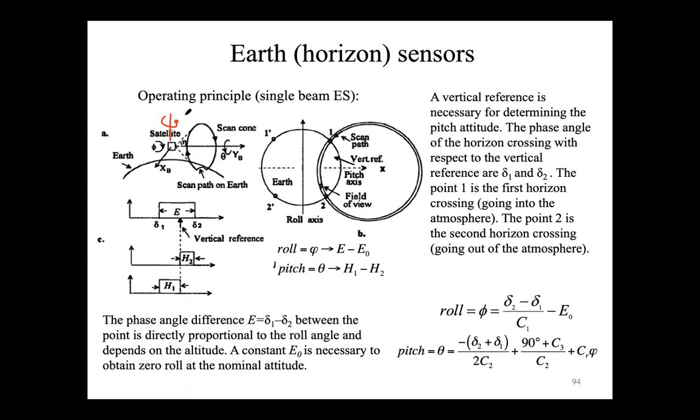We have seen indeed that the Earth sensor is given by a scanner that basically tries to measure the flux of the Earth by scanning a certain field of view of the instrument. Once this scanning system, the scan cone, is intersecting the Earth, you're able to detect a signal here.